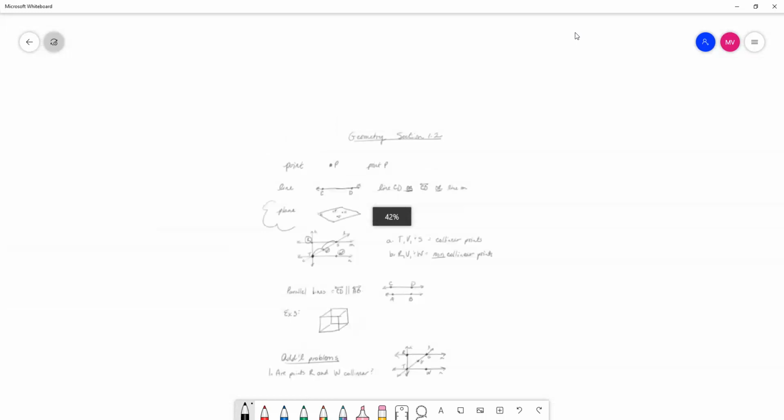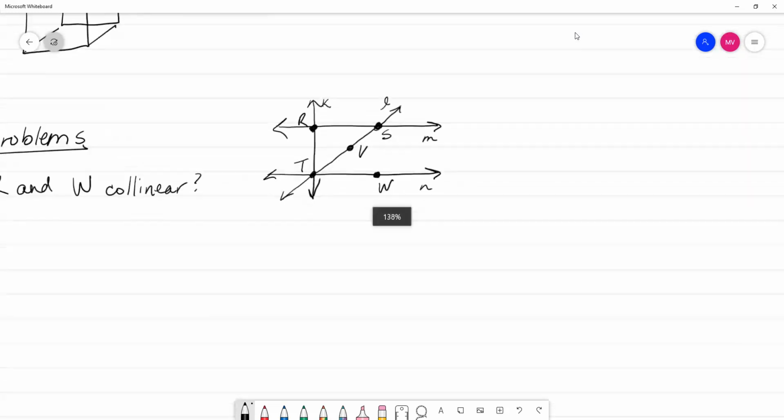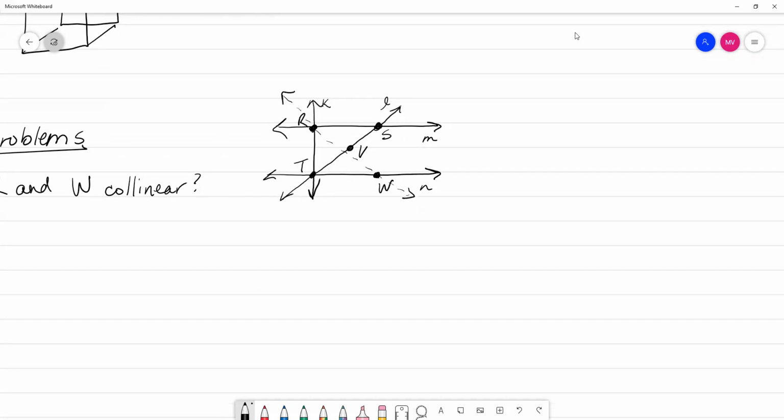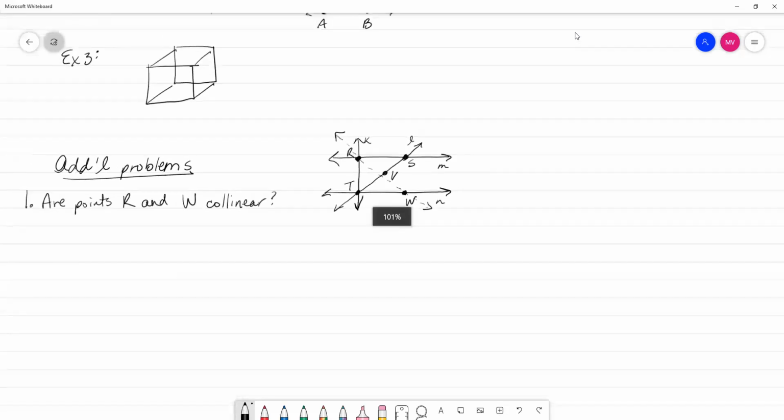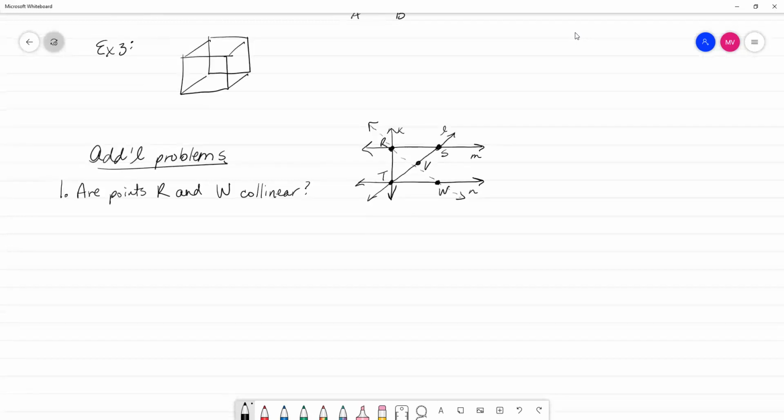If you draw a line here, does that work? Yes, it does. Anytime you have 2 points, you can create a line by definition of a line. Therefore, R and W are collinear.